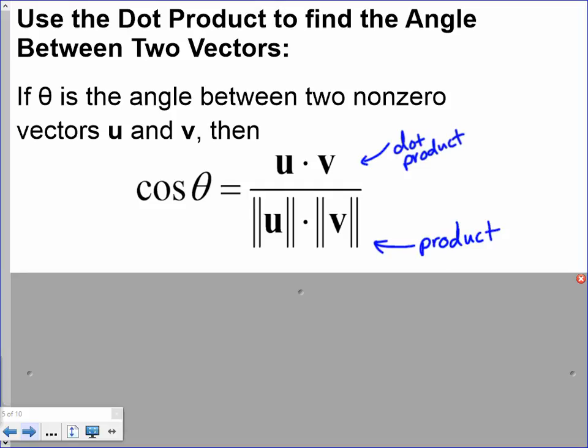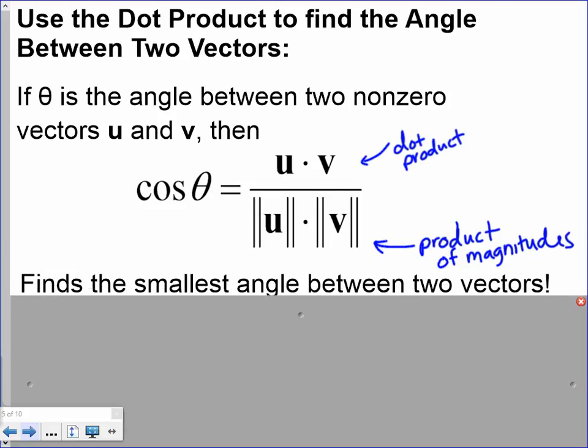That's in the denominator. So the magnitude of u times the magnitude of v. In order to actually solve for theta, after you do the dot product divided by the product of the magnitudes, you'll have to do the inverse cosine in order to solve for theta.